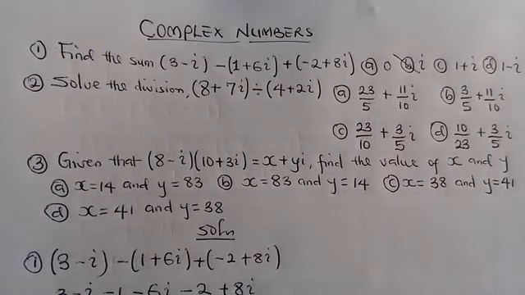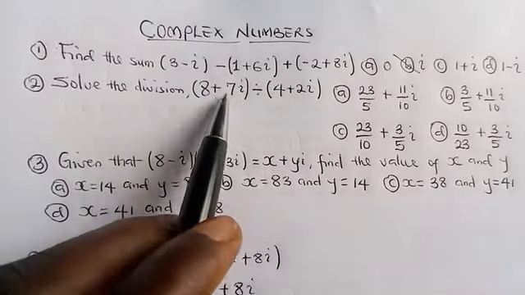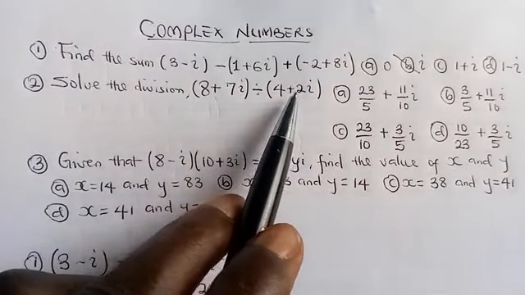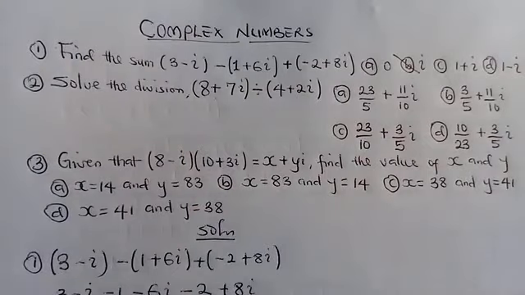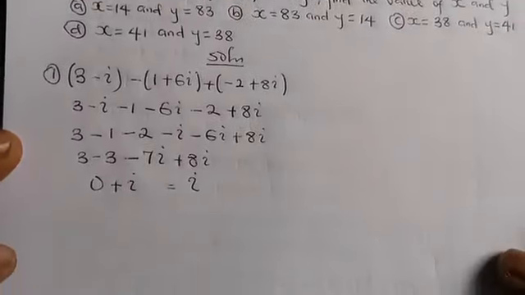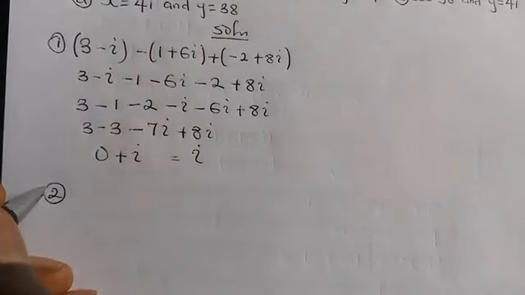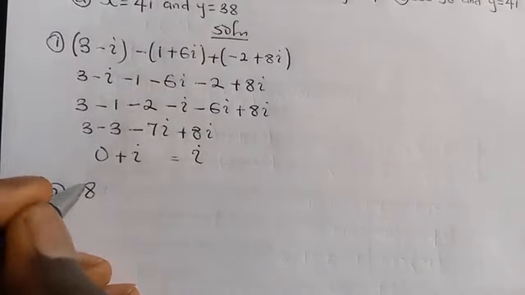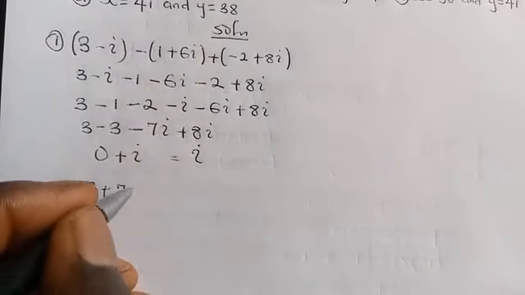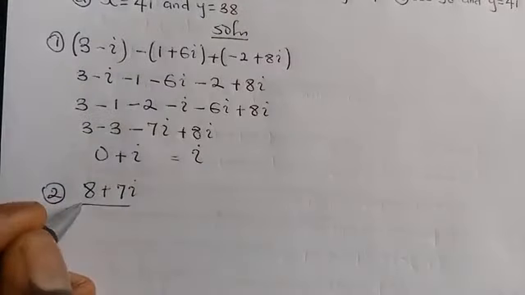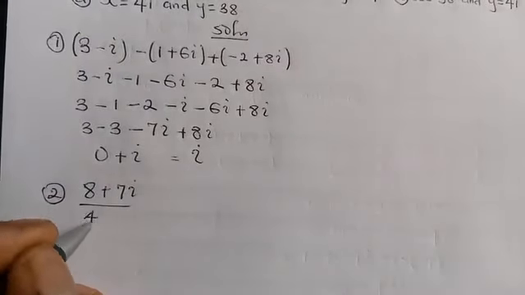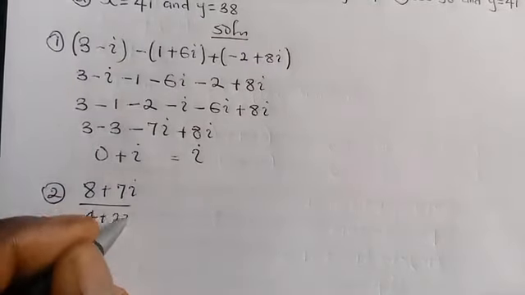For the second one, solve the division 8 plus 7i divided by 4 plus 2i. Number 2, we have 8 plus 7i divided by 4 plus 2i.